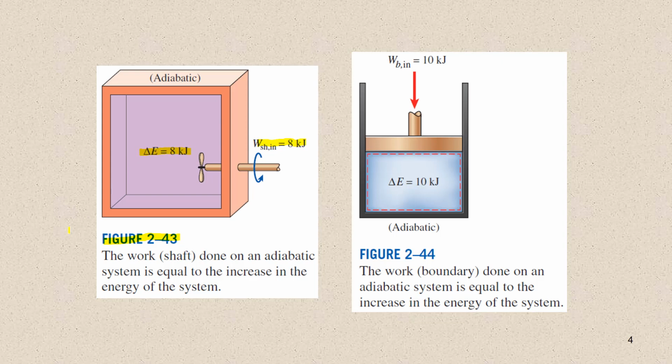Many of you have probably noticed that the temperature of air rises when it's compressed, like what you see in figure 244. This is because energy is transferred to the air in the form of boundary work.